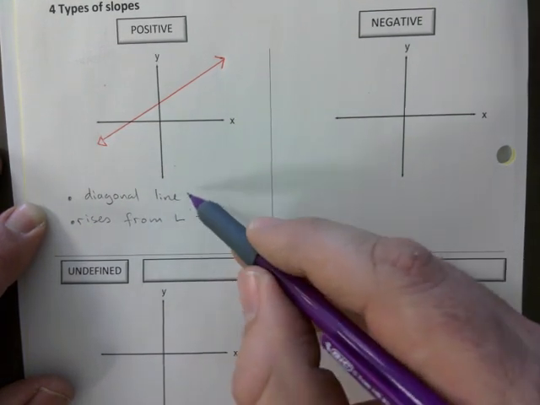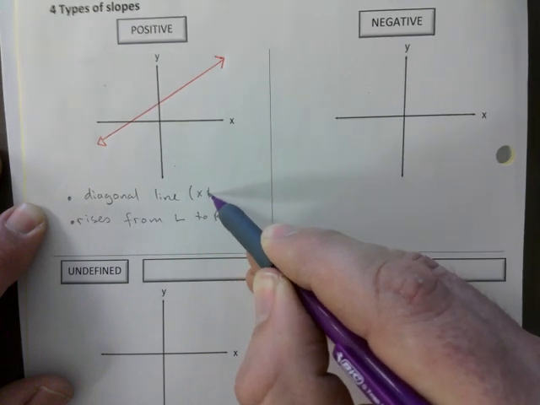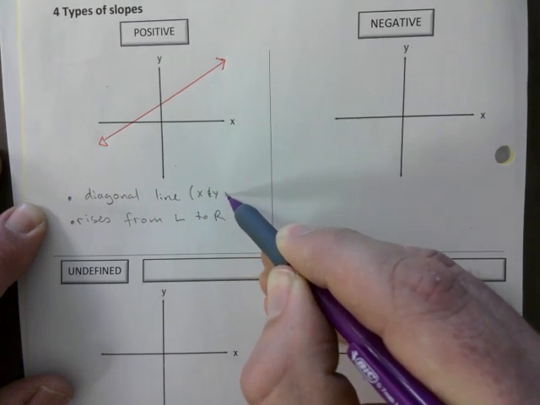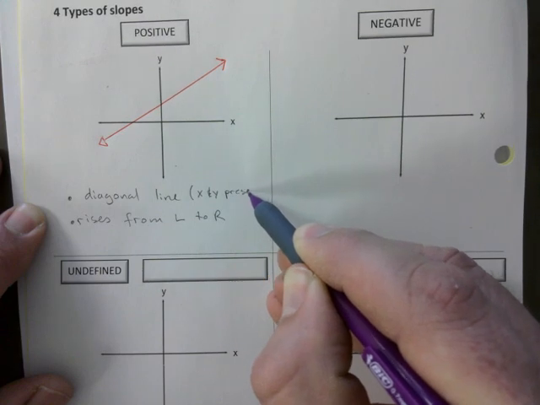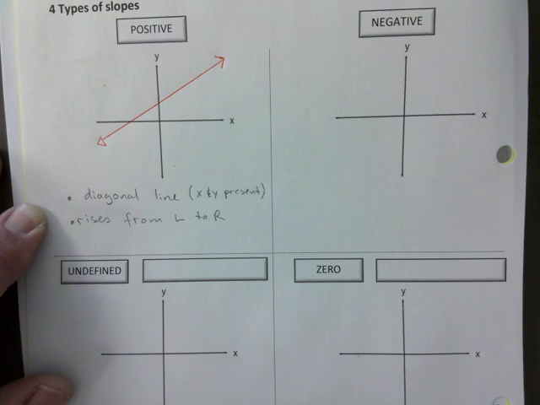And I'll say this: diagonal line, x and y are present. Very important to remember. When you have both x and y in your equation, it's going to be a diagonal line.